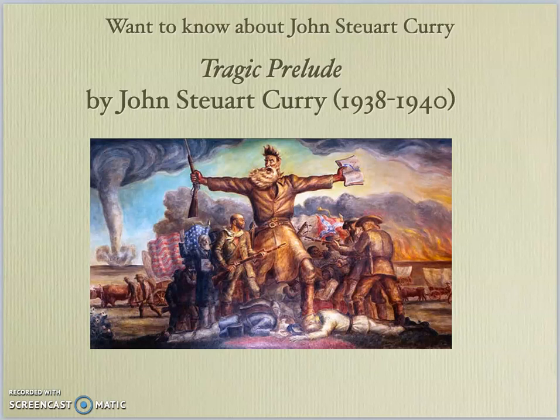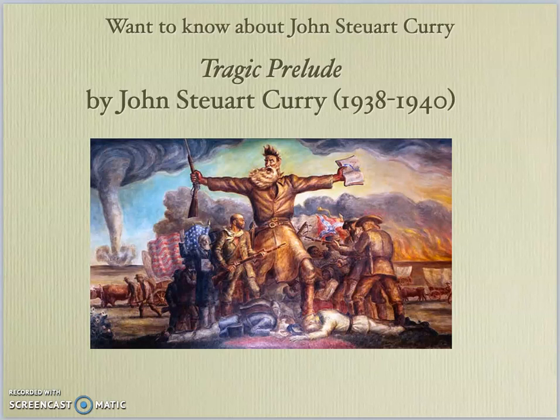Now, what we want to know about is John Steuart Curry. Because we want to know about John Steuart Curry, that is our question, and we have this painting that he created, that means that this painting would be a primary source.